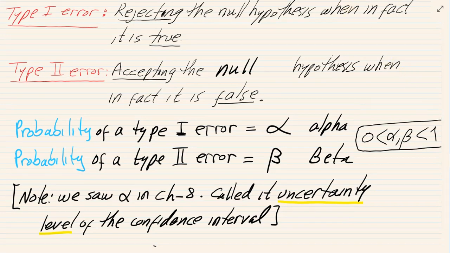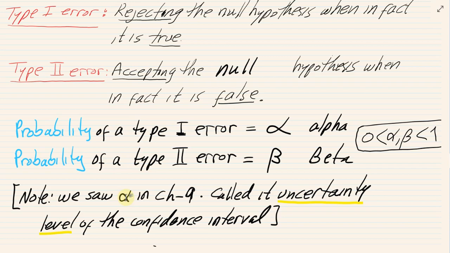Okay, so now in chapter 9, when we talked about confidence intervals, remember we talked about alpha? In chapter 9, alpha was not a good thing, right? Remember we called alpha the uncertainty level associated with the confidence interval. So alpha, that's exactly the same alpha that it was in chapter 9. So in chapter 9, alpha was a bad thing.